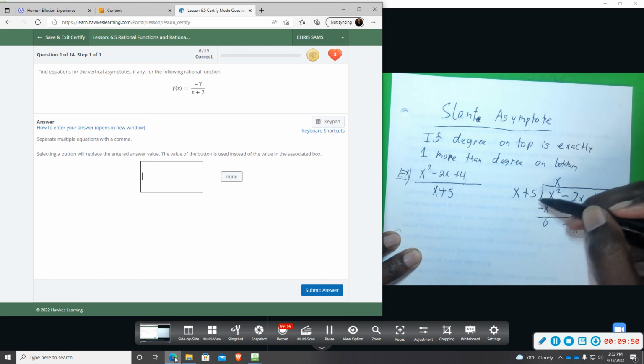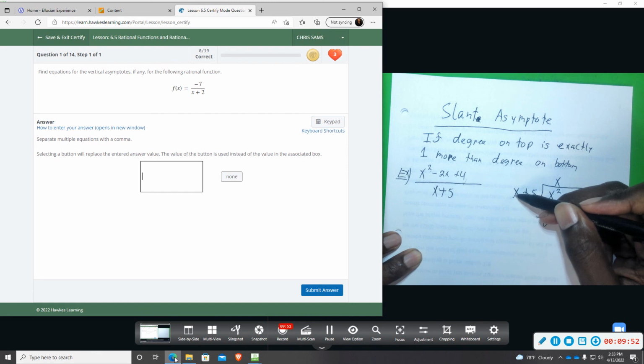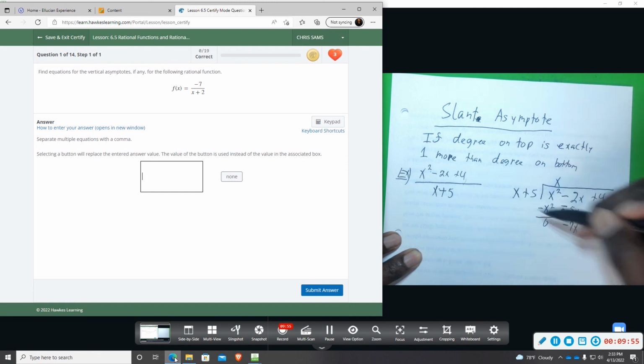And then you repeat. And so I have this x and I have a negative 7. To get those to be the same, I just have to multiply by a negative 7. And then negative 7 times x gives me a negative 7x. Negative 7 times 5 will give me a negative 35. Then you subtract or change the sign. That becomes plus. That becomes plus. And then at this point, you're done.